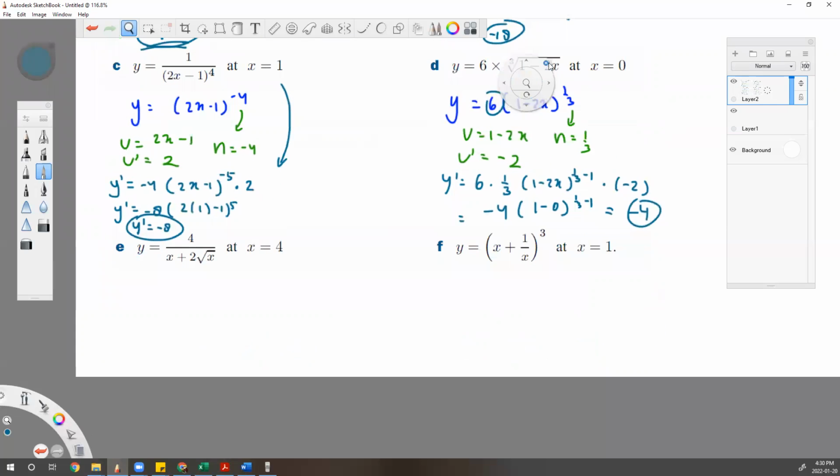Okay, we still have question E. Slow but sure, I have to change this first. So y equals 4 times (x plus 2 times x to the power half) to the power -1, because the square root term goes from the denominator to the numerator.